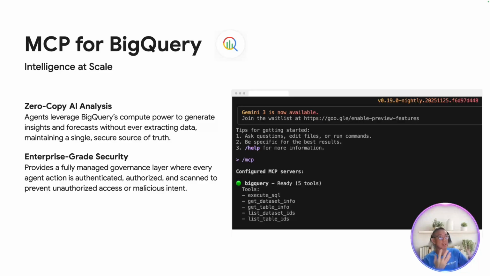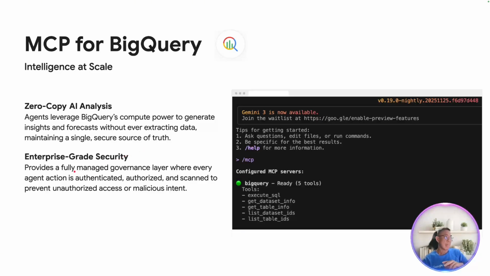All you need to do is build an agent and connect it to the MCP server, and all the computing and insight generation is done on the BigQuery side. You do not need to extract or download data and analyze it on your side, so this maintains a single source of truth for your analysis.